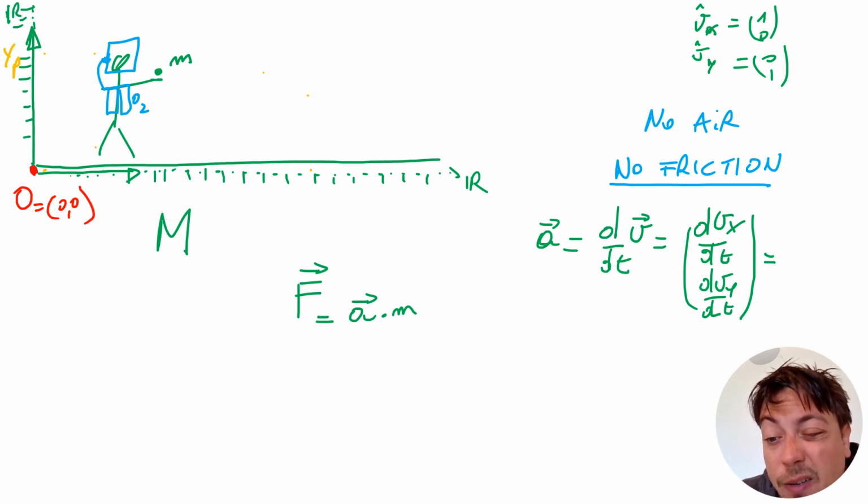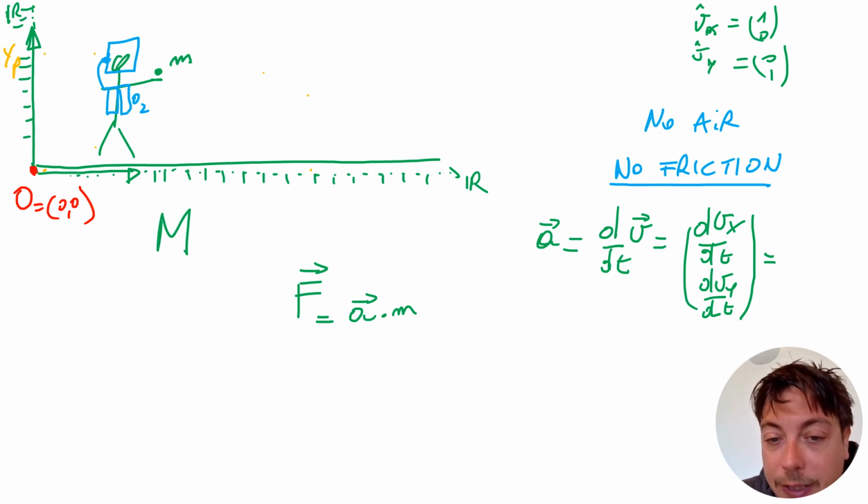Also, we know that velocity is the derivative of space. If you think about meter per second, when you drive your car or your scooter or whatever, you go at miles per hour, kilometers per hour. So meter over second, as you see, is a derivative of space over time.